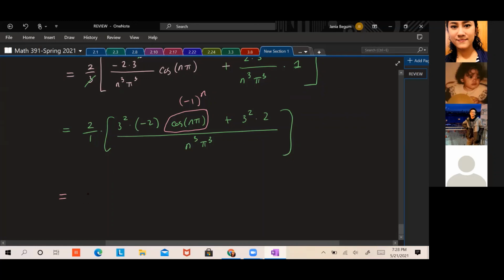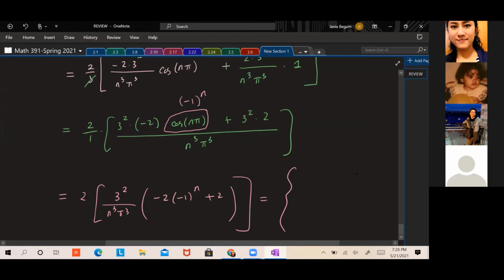Let me rewrite this again, with the 2 outside. So we have 3 squared over n cubed pi cubed, and inside the parentheses I have -2 times -1 to the n plus 2.